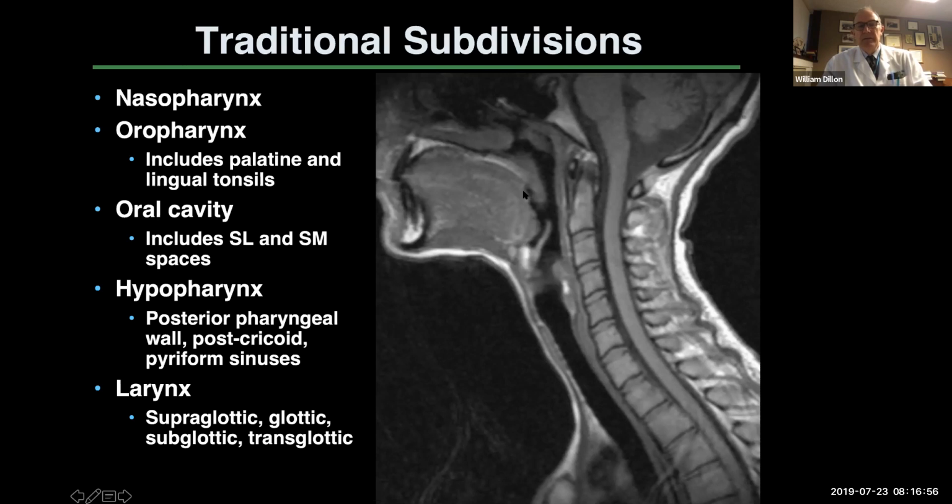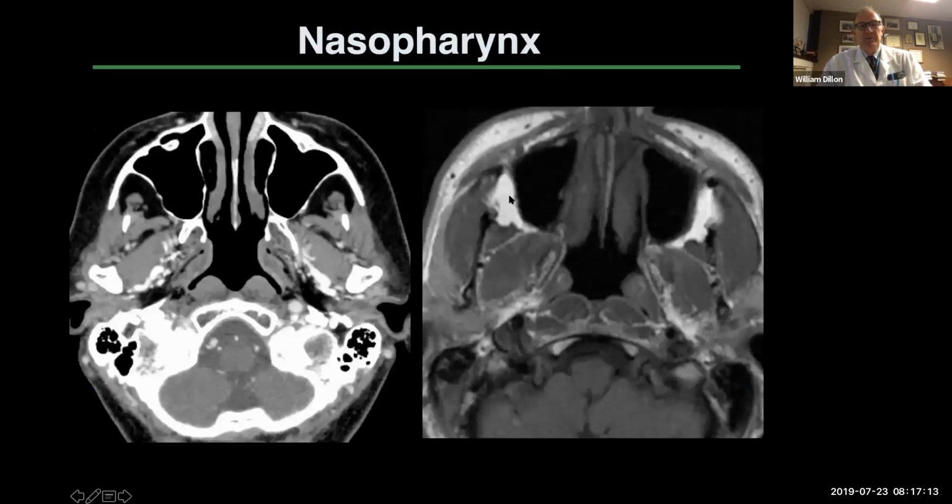This then is the oral cavity anteriorly. The posterior third is part of the oropharynx. And then the hypopharynx is from the epiglottis down through the piriform sinuses, the postcricoid area, and then we get into the larynx. So there's subdivisions that we talk about. So nasopharynx, you can see CT, fossa Rosenmuller, beautifully shown here, prevertebral muscles on MR, the mucosa beautifully shown.